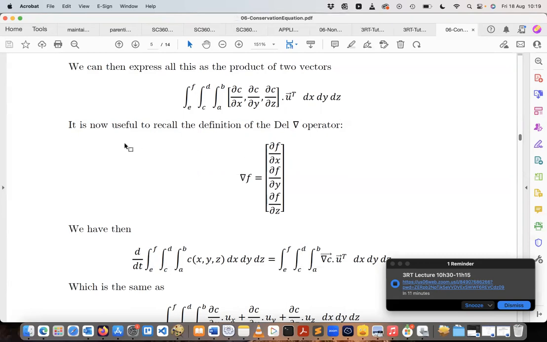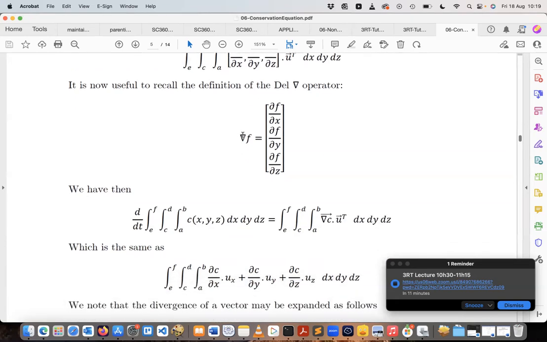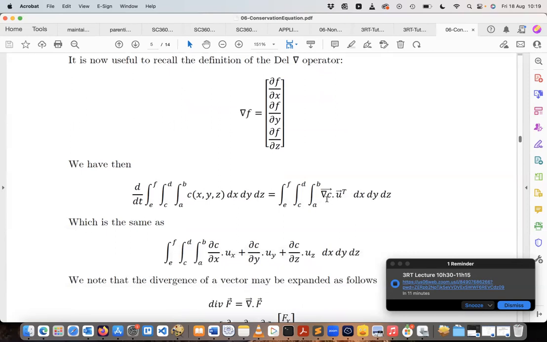So delta simply meant the difference between 2 points, whereas del we'll define as the vector of derivatives. So we recognize here we have a del c, right? If we look at this, this is a vector, so it's a vector of derivatives. So we recognize here del c. So in effect, that side of the equation is del c dot producted with the velocity, right? And so that's what we have there.